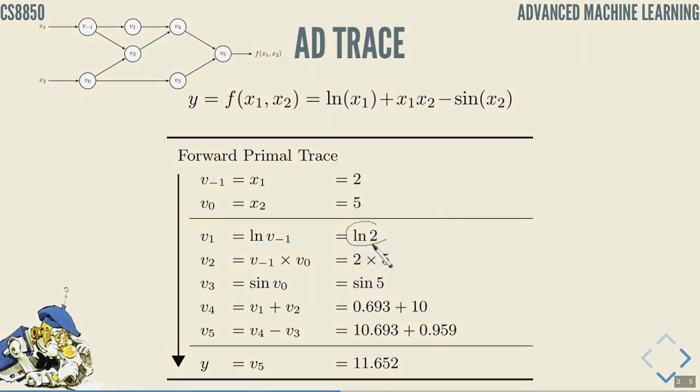This value is here, natural log of 2. And then we compute the product, and then we compute the sine, we compute the sum, we compute the difference, and ta-da, in some intermediate register, the value was produced, and then we stored it in the output y, and returned 11.652.